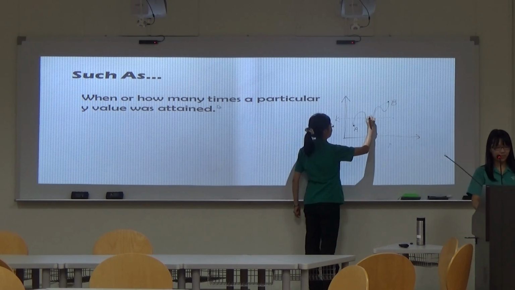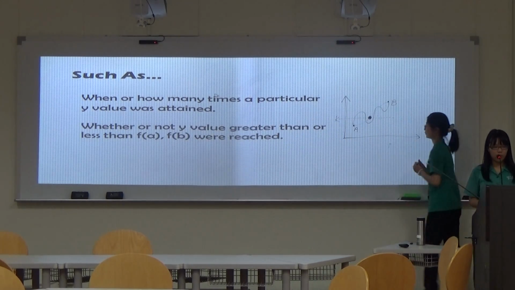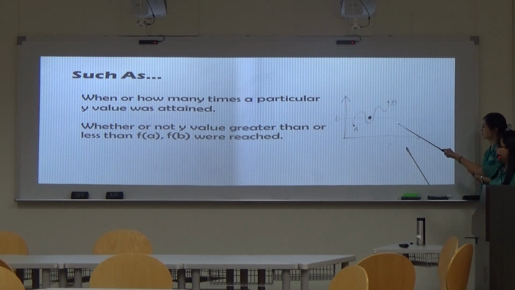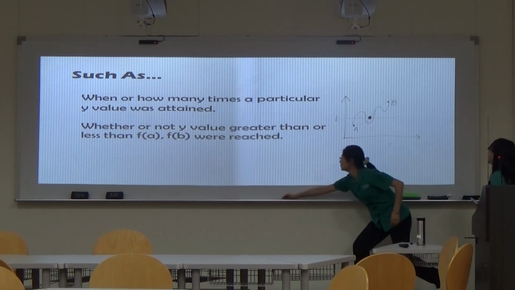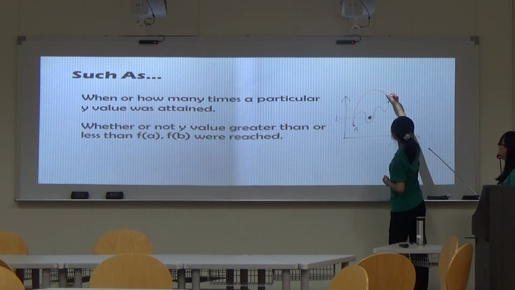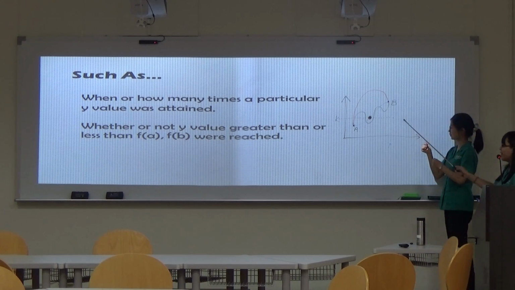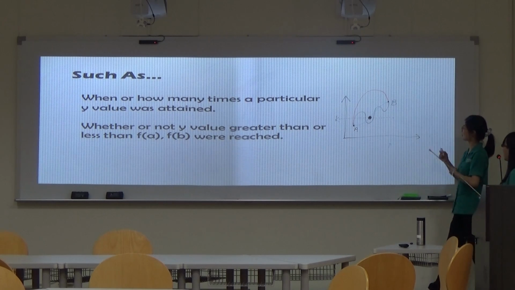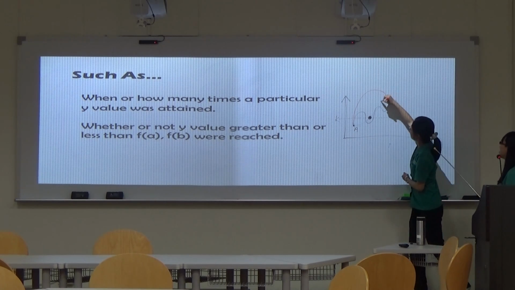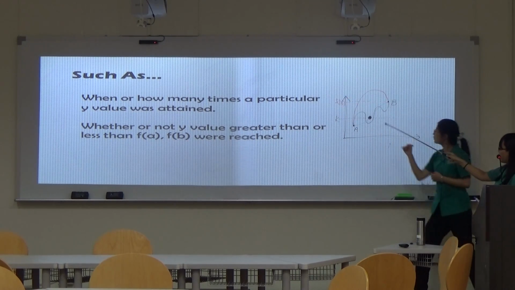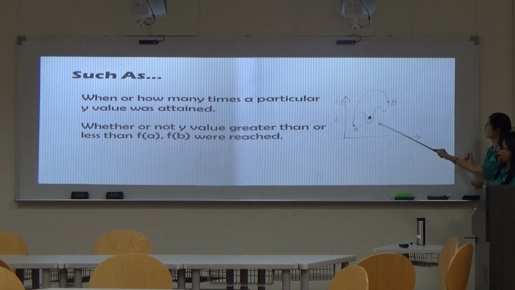Then the next one is we don't know whether the y value is greater than k or smaller than k. It may be bigger than f(B) and it may be smaller than f(A).